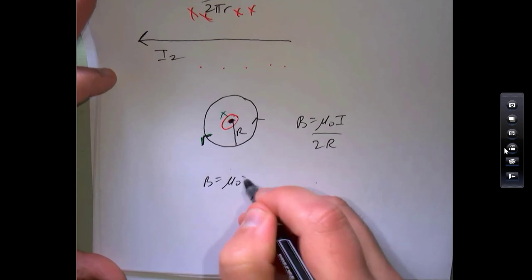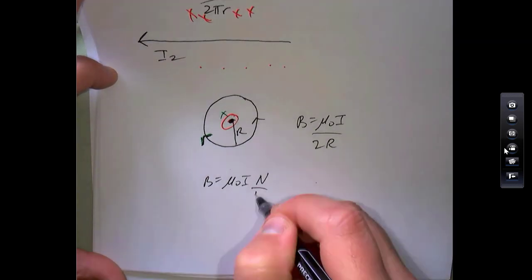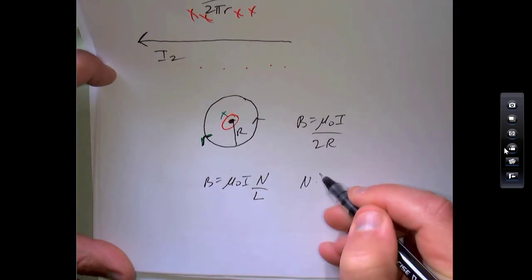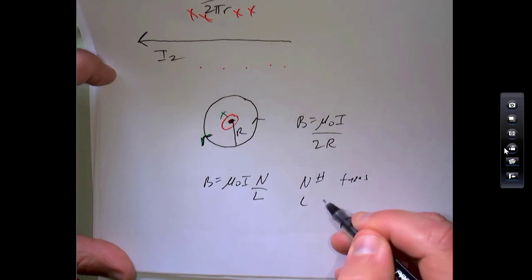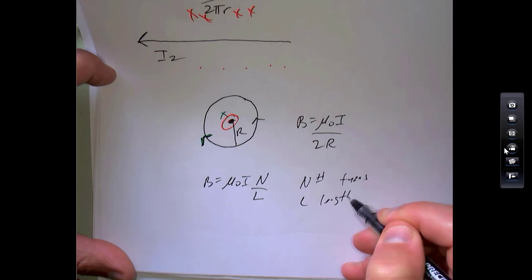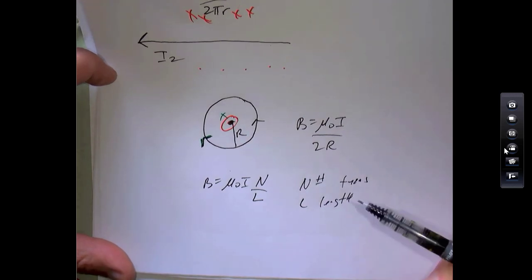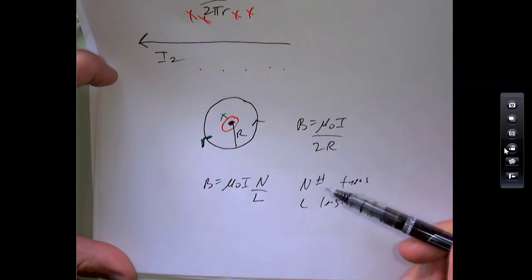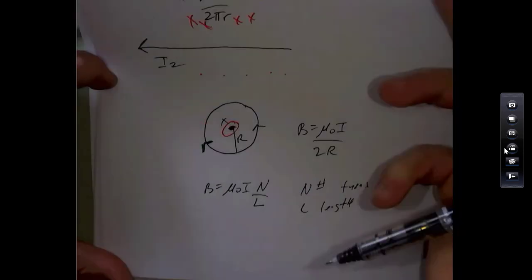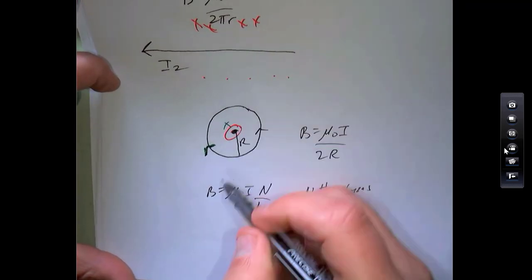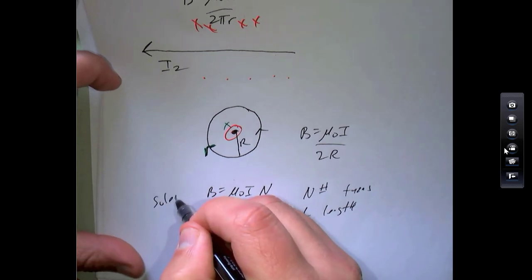So mu0I times the turns ratio. N is the number of turns, and then L is the length. Sometimes the turns and the length are given independently. Sometimes they're actually given as just one unit, like the turns per length ratio. So that's a loop. This is for a solenoid.